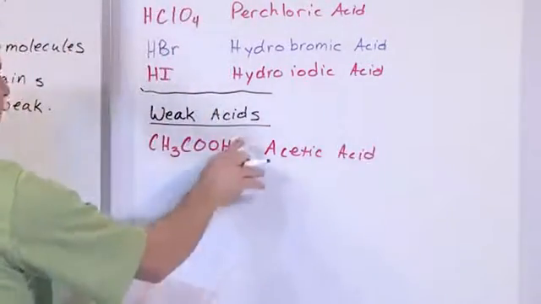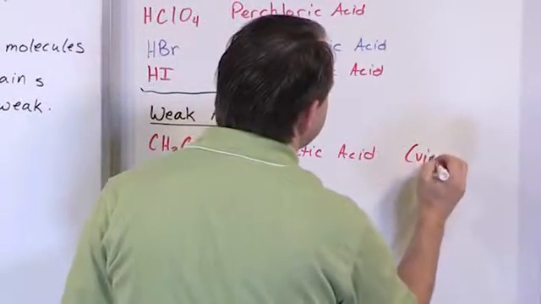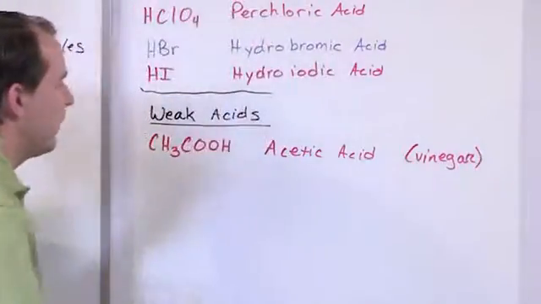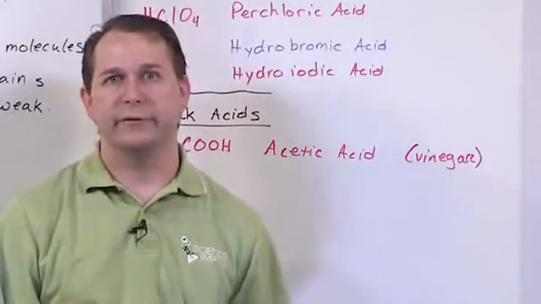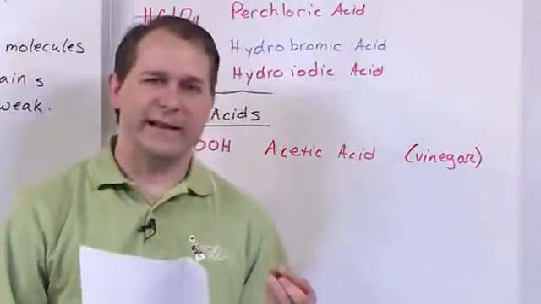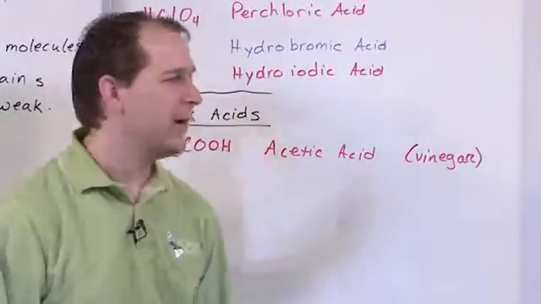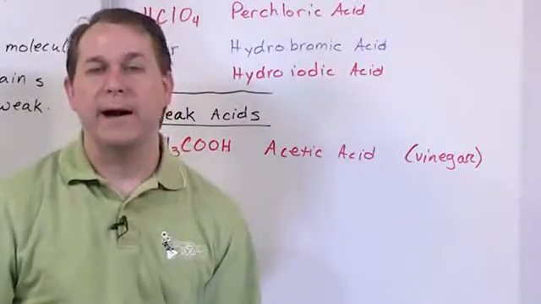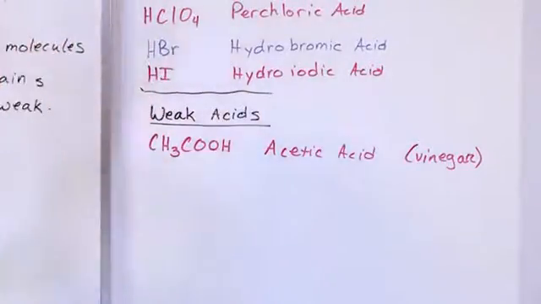And by the way, acetic acid you've actually dealt with quite a bit. It's basically vinegar. Vinegar that you buy from the store is acetic acid, diluted with water. They try to dilute it and get it to that perfect concentration. So vinegar is something you can cook with or eat or whatever. So it's not pure acetic acid when you buy it in the store. It's diluted with even more water, so it tries to weaken it a little bit so it's not too strong.